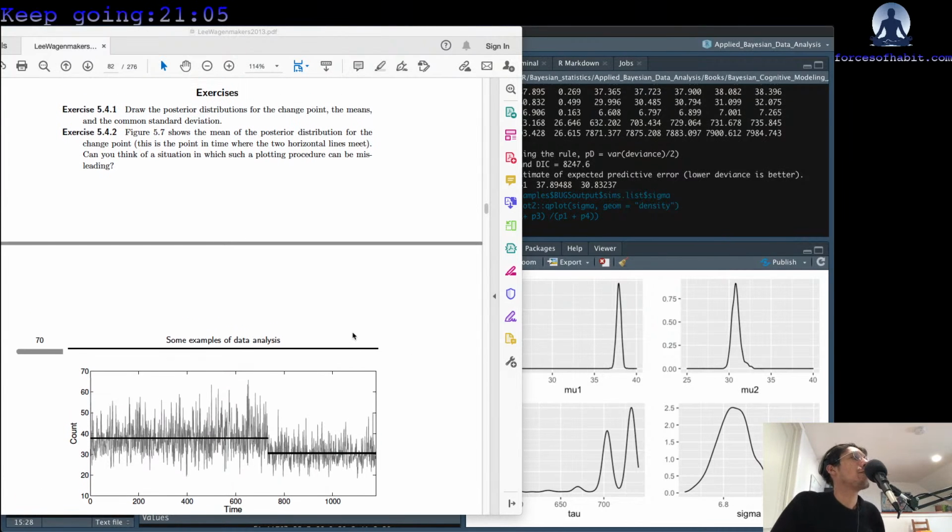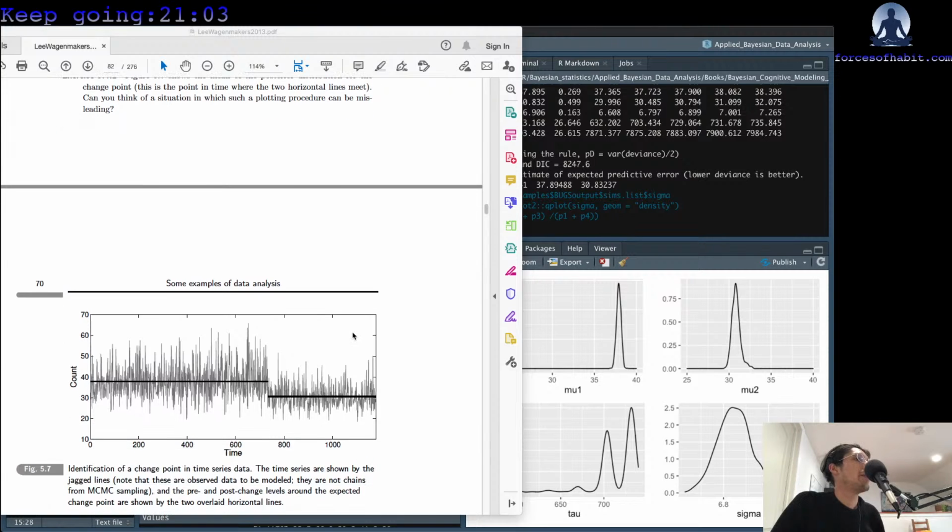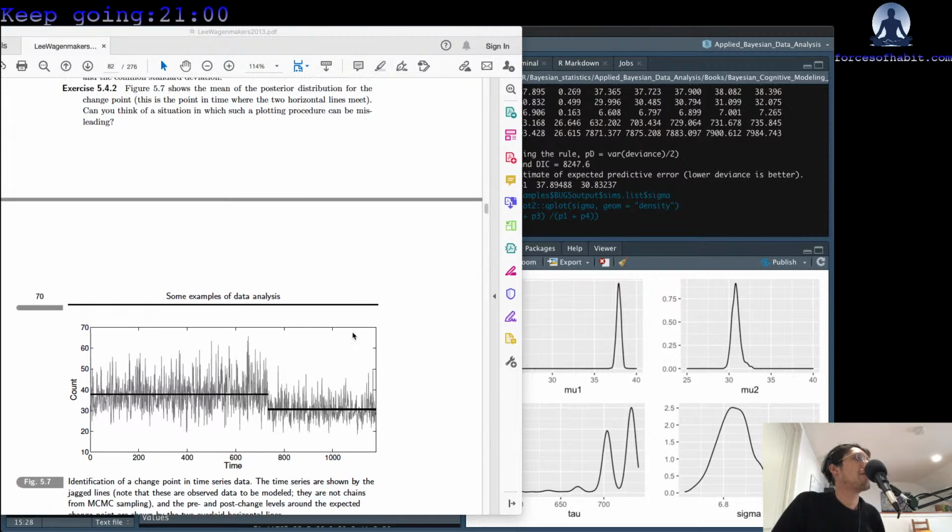so one thing that the book talks about as a potential situation here is if there's a lot of variability around the measurement.